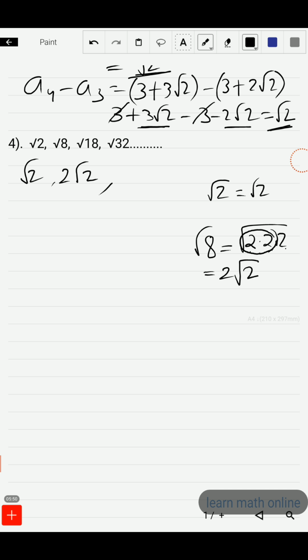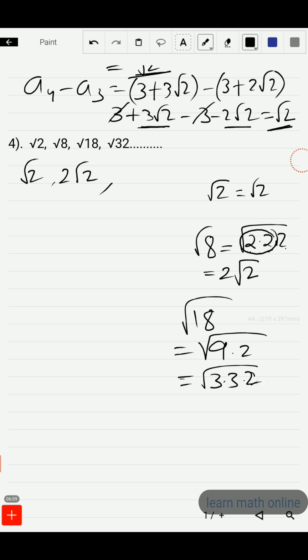Root 8 is in fact 2 root 2. And how can we write 18 now? 18 is 9 into 2. And 9 can also be written as 3 into 3, and the 2 is 2 here. So 3 is twice inside the root, so we can take it out once and write it as 3 root 2.